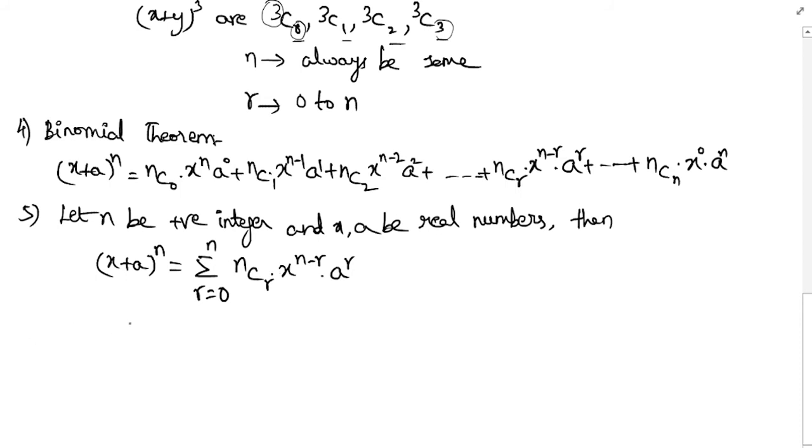Then here we have three points. The expansion of (x + a)^n has n + 1 terms.